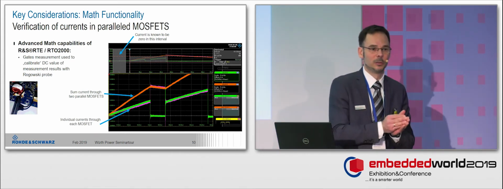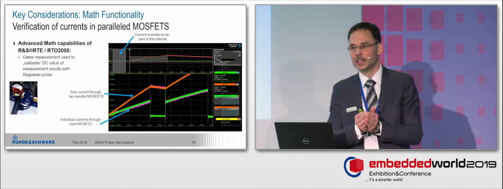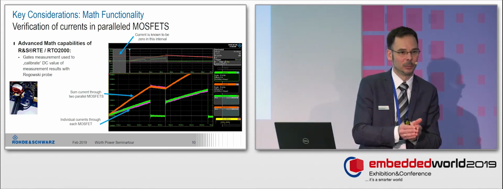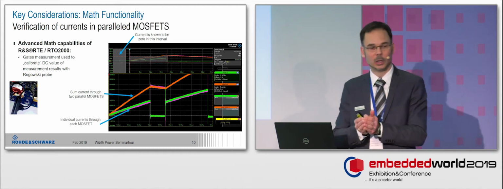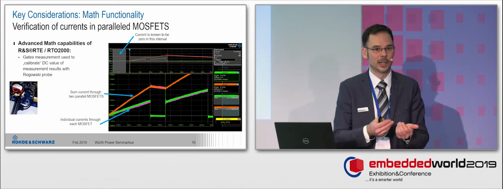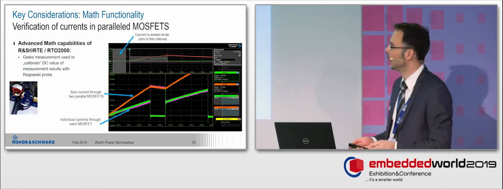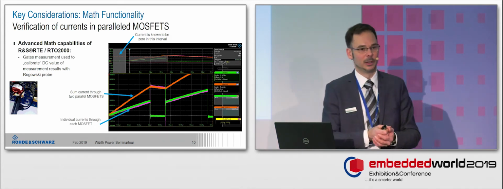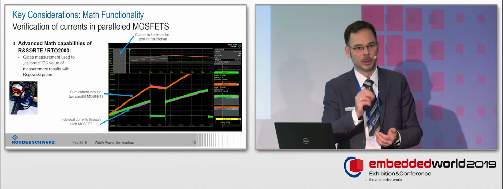One of the difficulties you sometimes have is how to access the current. Standard current clamps are difficult because they are too large, and it's difficult to fit them in. So you might use Rogowski probes, which sometimes fit in. There are special Rogowski probes with a very thin wire.